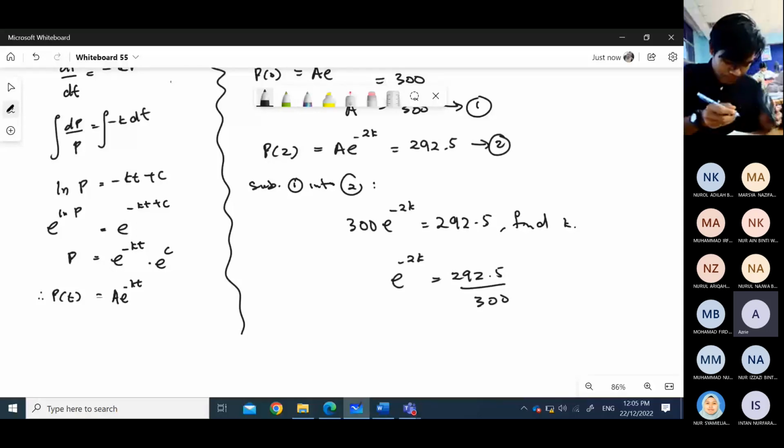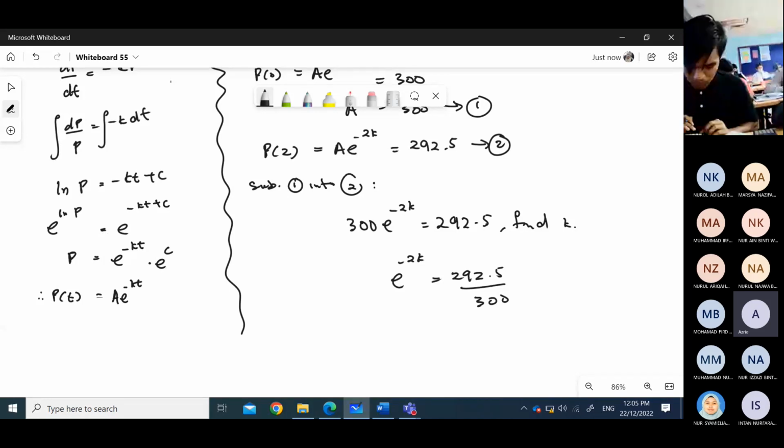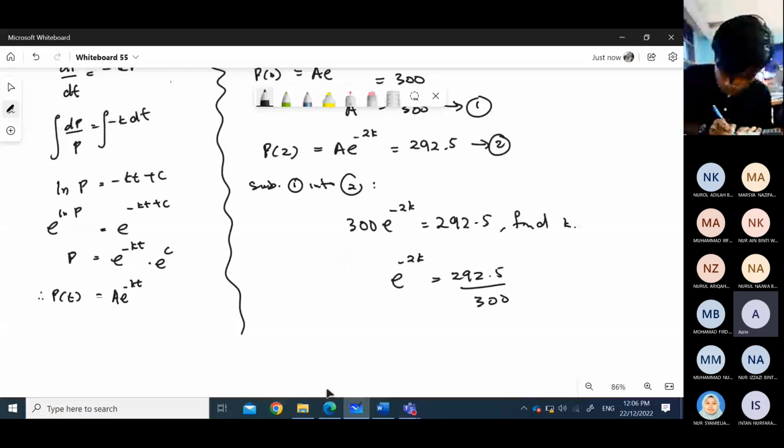Okay. So bila cari ni dapat K dalam positif kan? This K is positive. Okay, untuk model ini dia ada K kalau dia melibatkan decay.